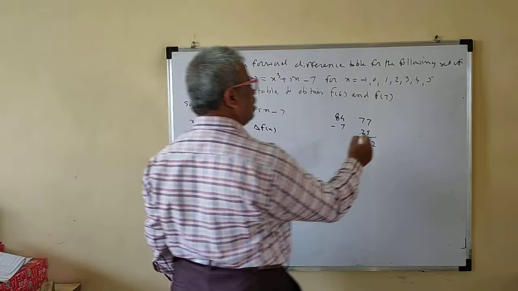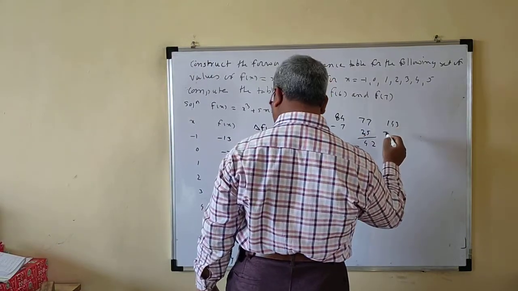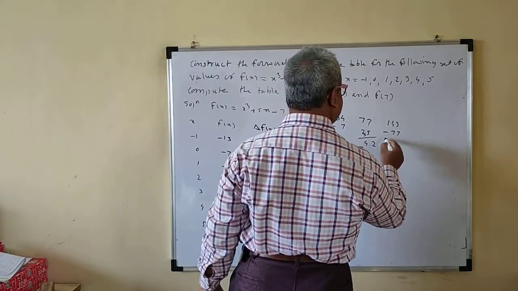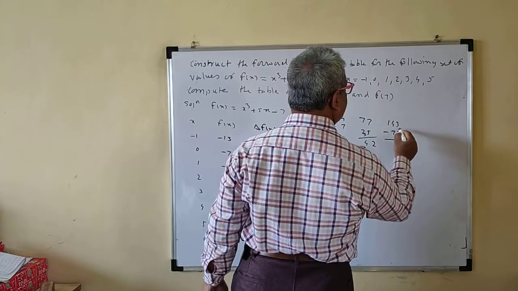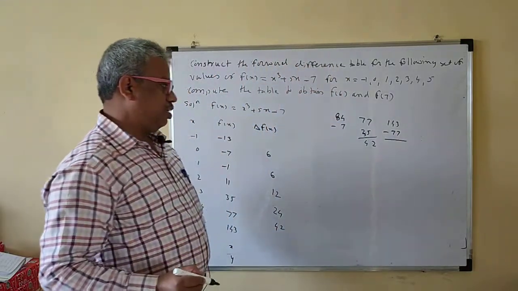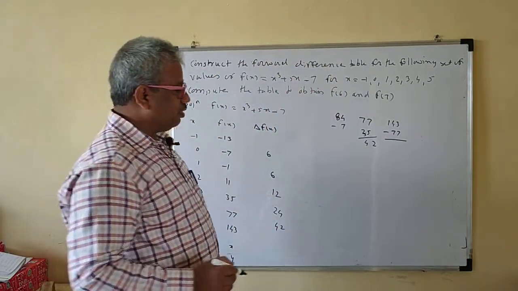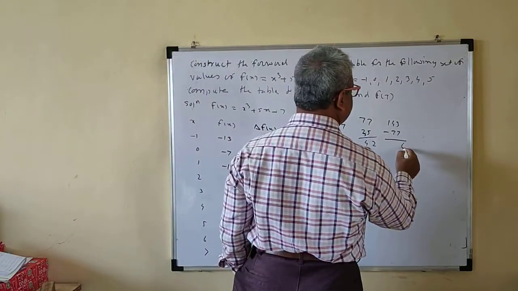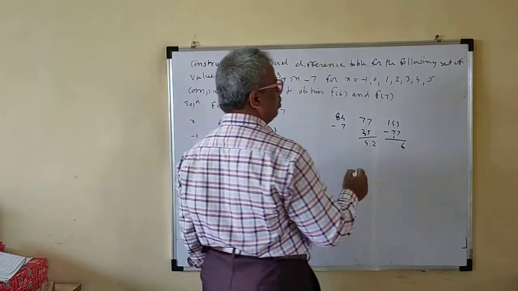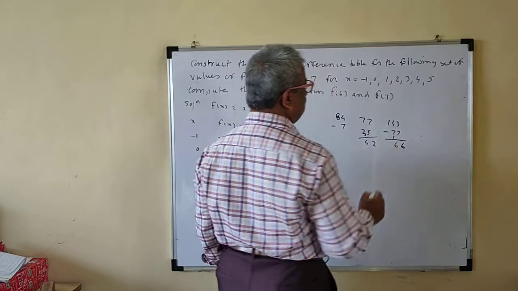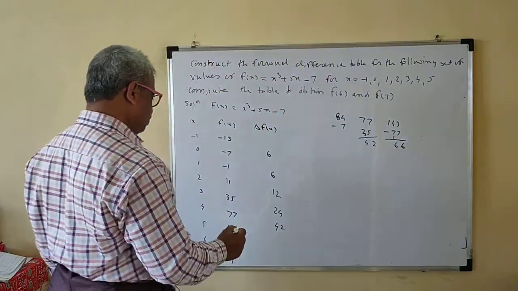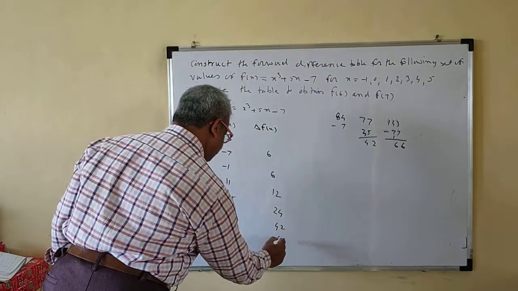Then 143 minus 77, so this is 13 minus 7, that is 66.